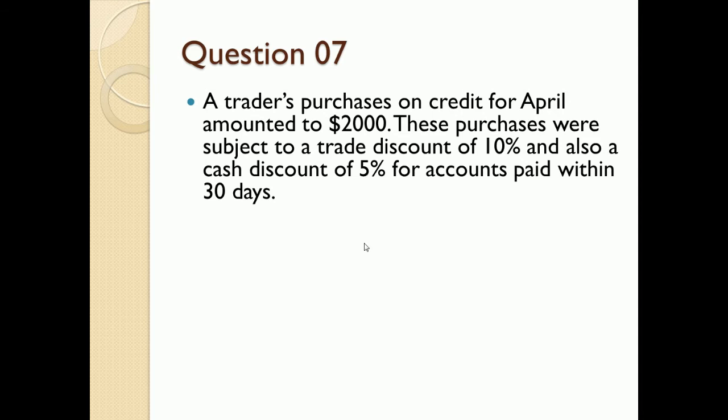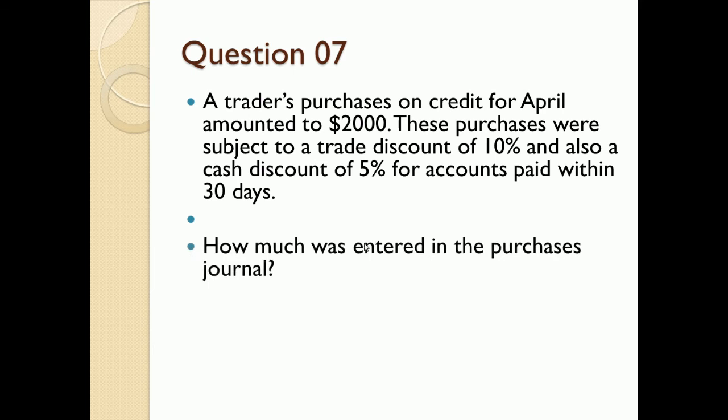We normally give cash discount, and it is calculated as well as recorded in the books of account. So trade discount, you only need to calculate the amount and deduct that amount from your list price, and then you make your entry with the reduced amount, after deducting your trade discount. But in case of cash discount, you have to make calculations and you have to record this in your account as well.